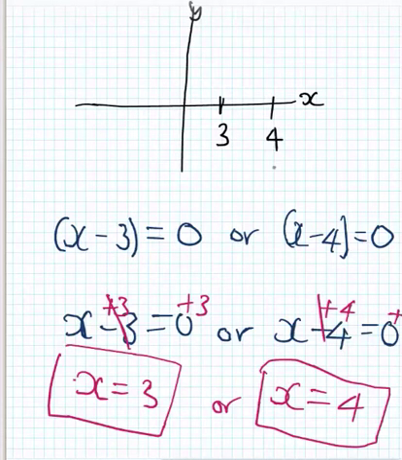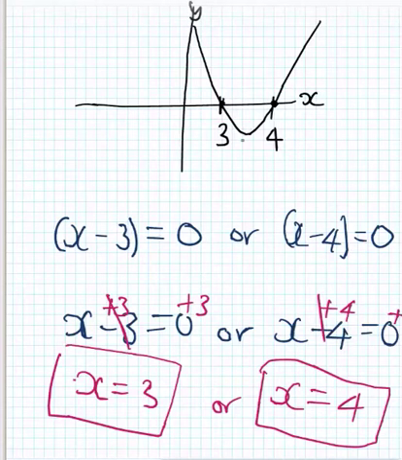Okay, excuse the inaccurate scale. Now, if these are our two x-intercepts, they're two points of our parabola, and our parabola will be passing through these two points just like that.